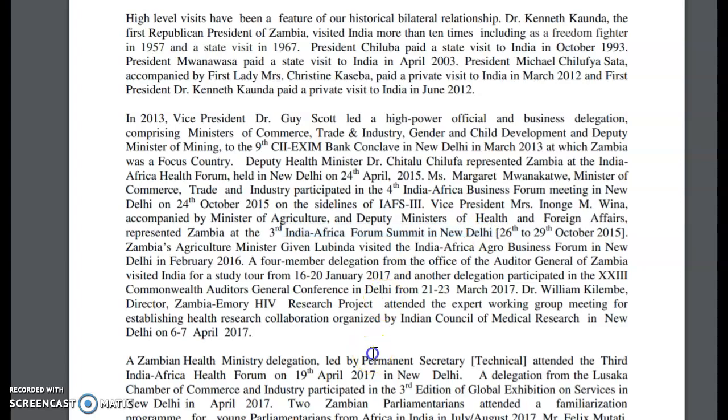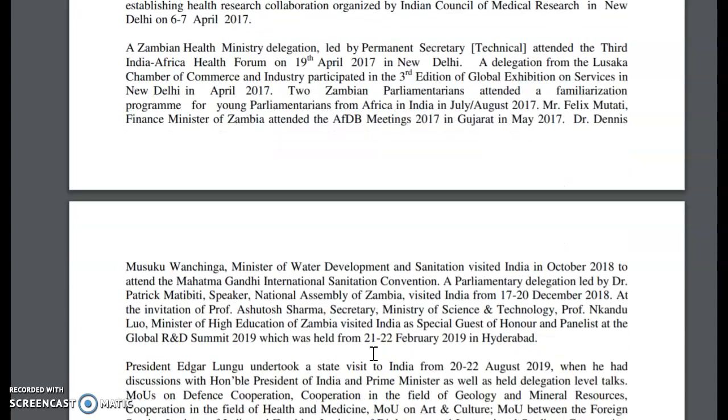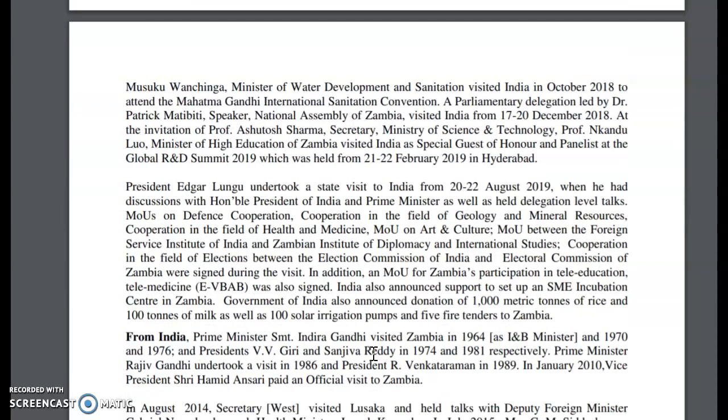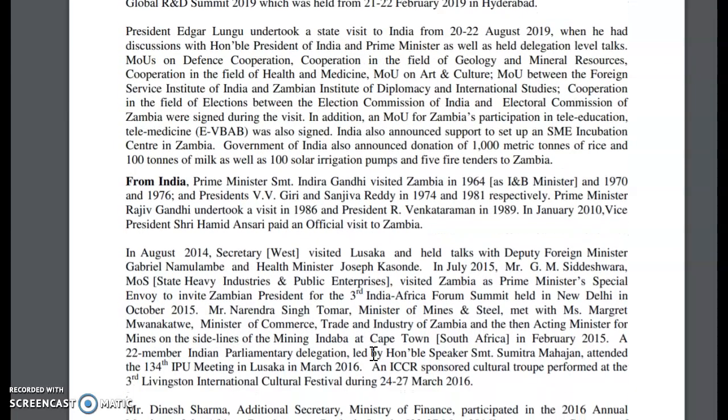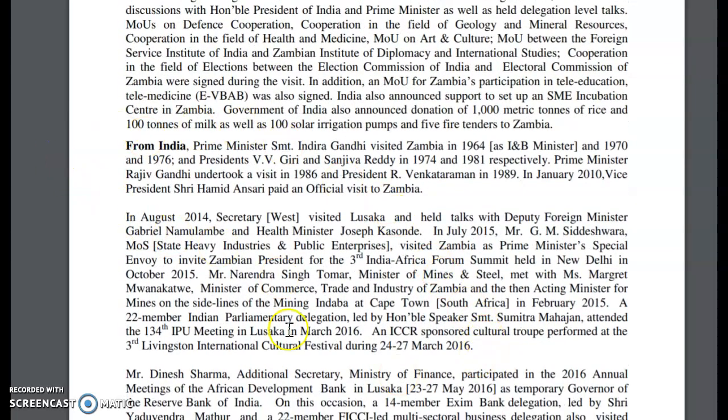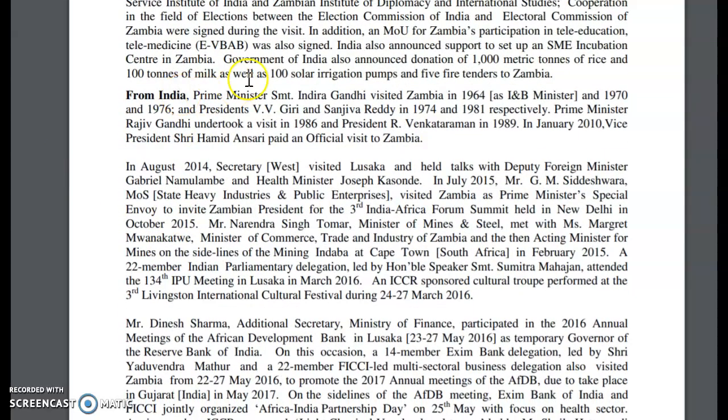Okay, you can see throughout here all of the different ways in which India's struggle helped to influence how Zambia created their own struggle. Whole section right here, specifically from India. Prime Minister Indira Gandhi, who was Mahatma Gandhi's wife, visited Zambia in 1964 and 1970 and 1976.